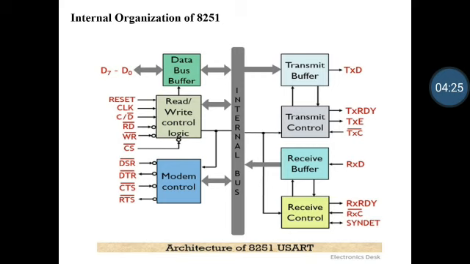This is the duplex mode. Then the third type is the half duplex mode. In this case the data transmission may take place in either direction, but at the same time data is transmitted only in one direction.